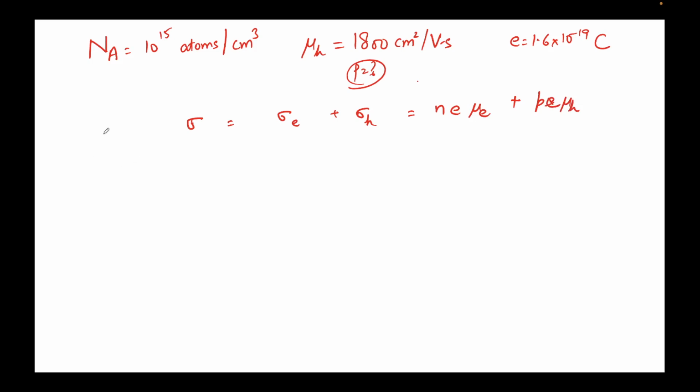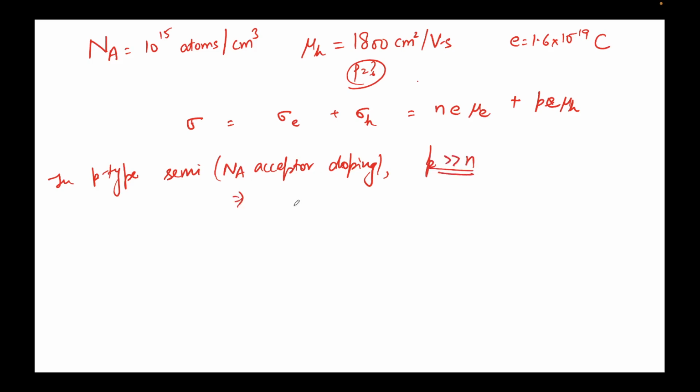Now note that this is a p-type semiconductor. How do you know it's p-type? Because we are given Na, acceptor doping. We know that the number of holes is greater than the number of electrons.